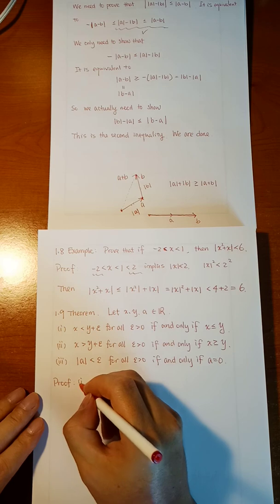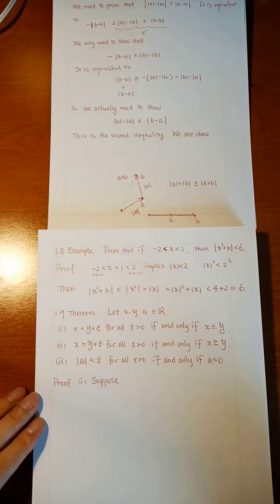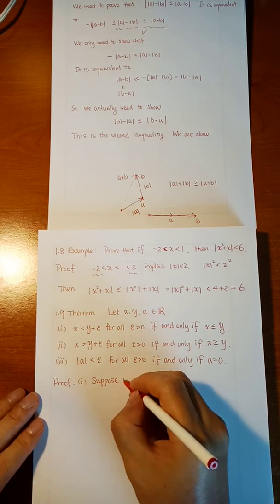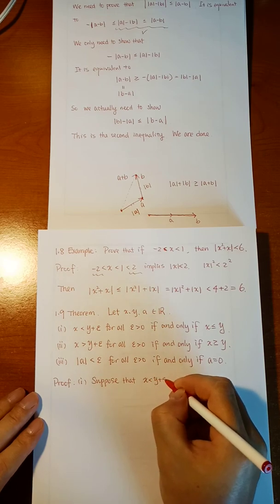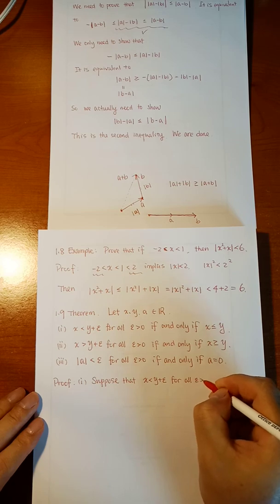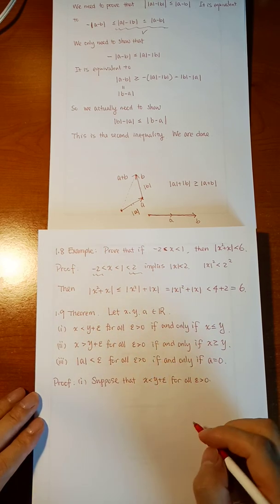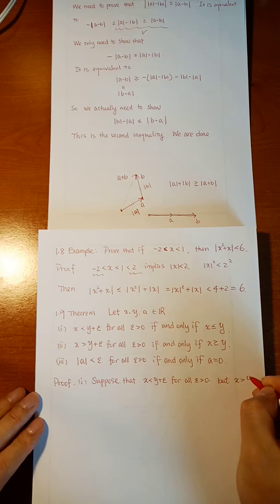Suppose, let's see the first one. We're going to use proof by contradiction. Suppose that x is less than y plus epsilon for all epsilon greater than 0. The first statement is correct, but x is greater than y.